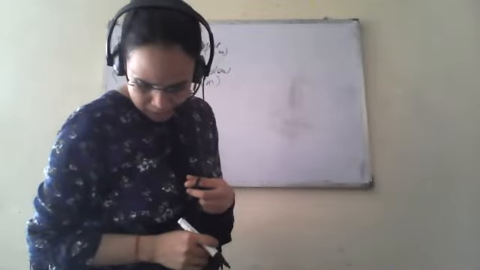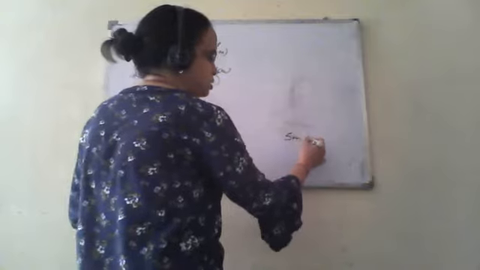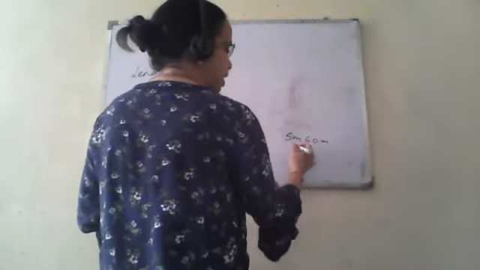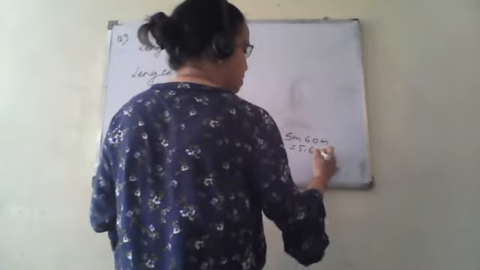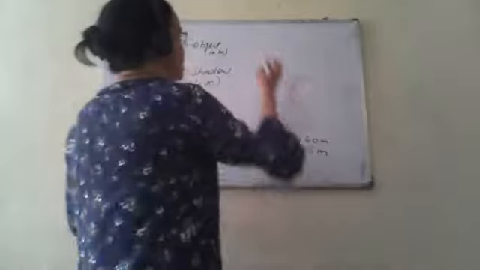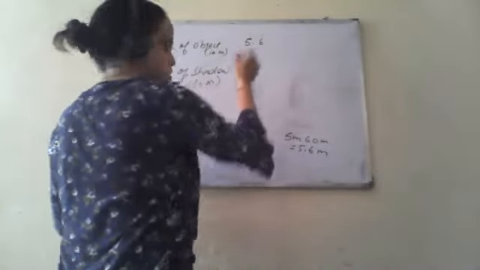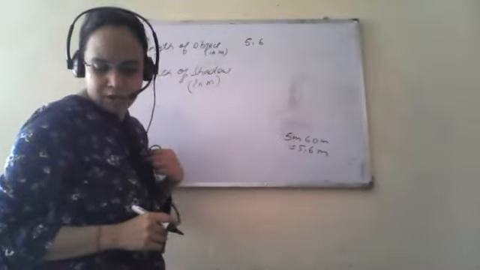So what was the length of the vertical pole in the first case? It is 5 meter 60 centimeter, so it can be written as 5.6 meter. Okay, we are converting centimeter into meter. So it is 5.6. Length of shadow was 3 meter 20 centimeter, that is 3.2 meters.